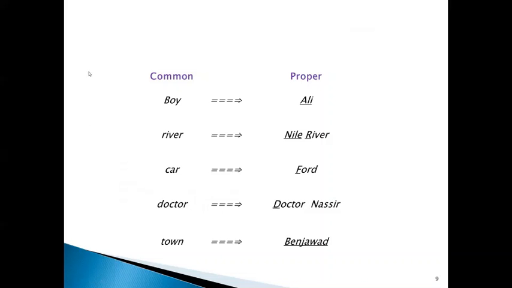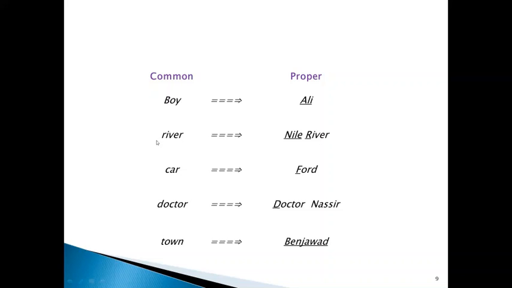So now let's take some examples for common nouns and proper nouns. When you say common noun, like boy, the proper noun is Ali. When you say Ali, Ahmed, Omar, that means it's a proper noun. But boy is a common noun.